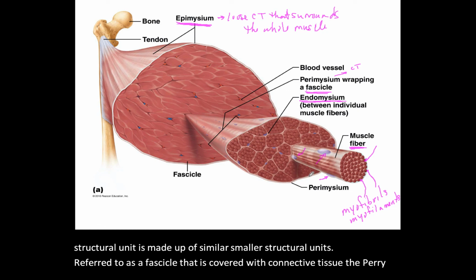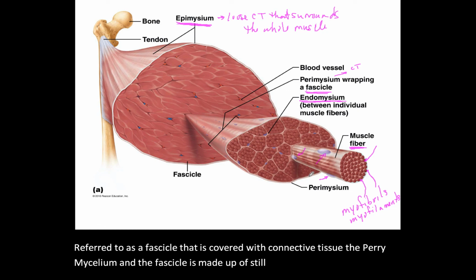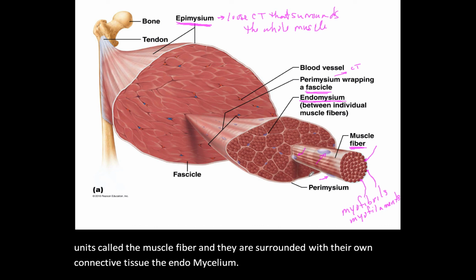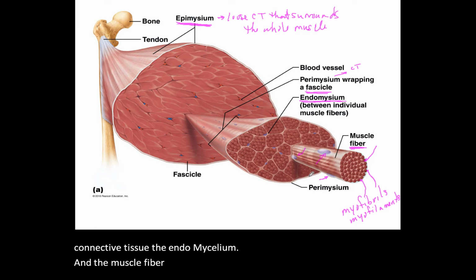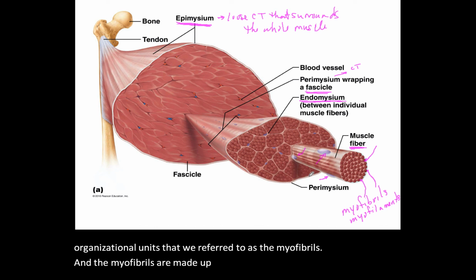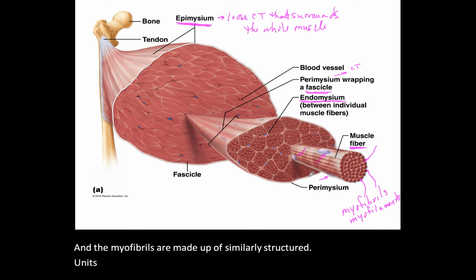And the fascicle is made up of still smaller, similar organizational units called the muscle fiber, and they are surrounded with their own connective tissue, the endomysium. And the muscle fiber is made up of similarly structured but yet smaller organizational units that we refer to as the myofibrils. And the myofibrils are made up of similarly structured units of organization that are called myofilaments.